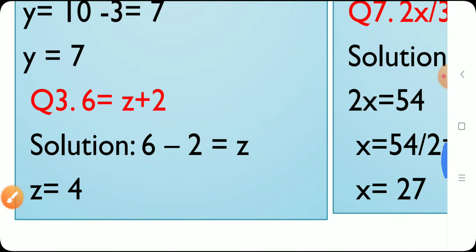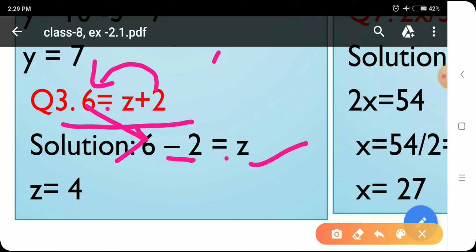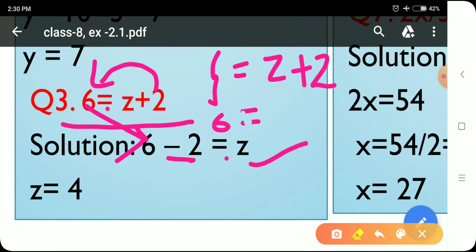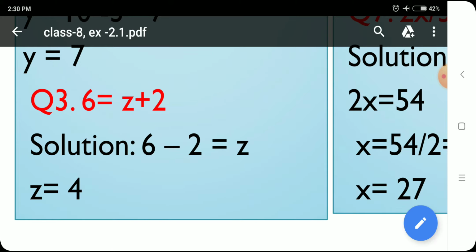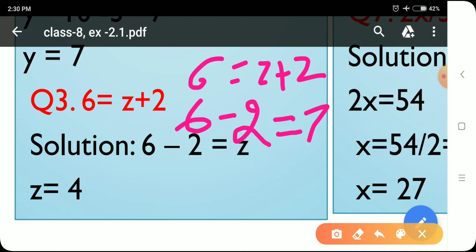Question number 3. 6 is equal to z plus 2. You will write 6 is equal to z plus 2. 6 is already there, this plus 2 will become minus 2 here, and here z is left only.